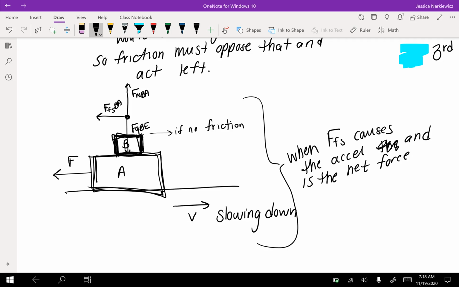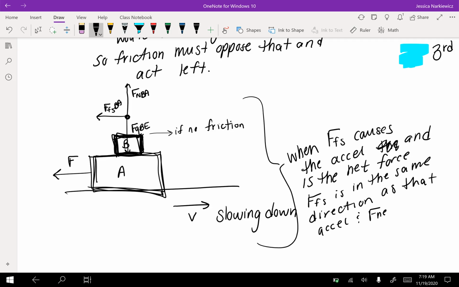So when the force of friction causes the acceleration and is the net force, the force of friction is in the same direction as that acceleration and net force, because remember, acceleration and net force share direction.